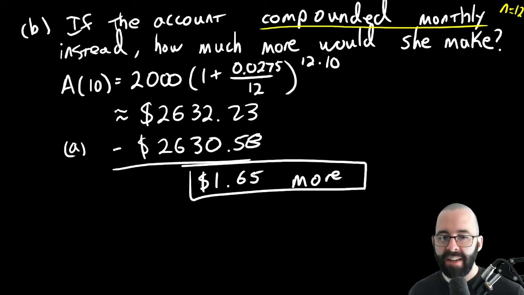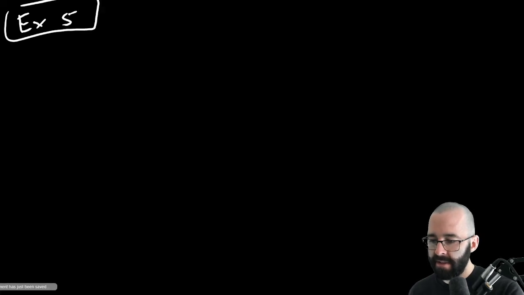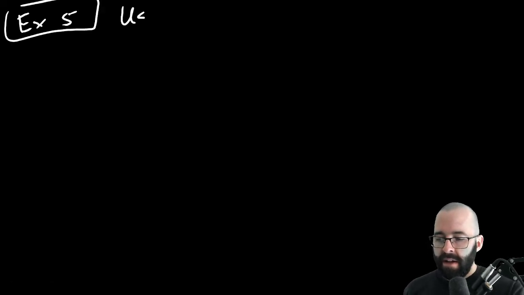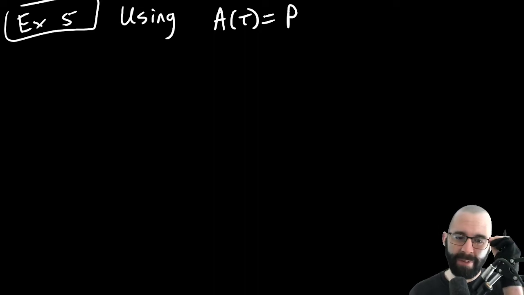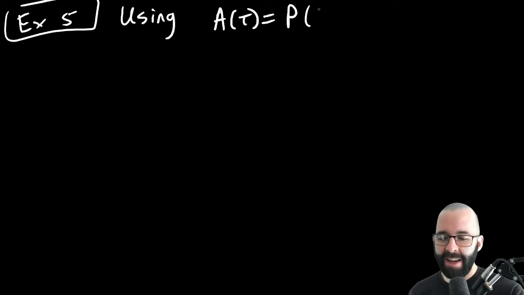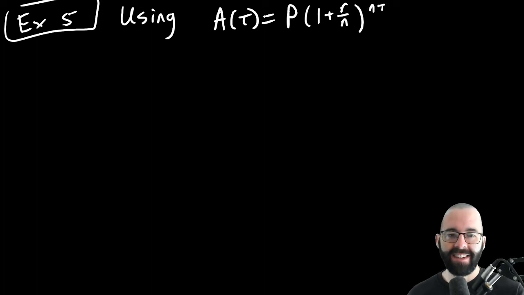All right. Last problem of this video. Example 5. So let's use this formula again. A of t is equal to P, which stands for principal, that I totally know how to spell, times 1 plus r over n to the nt.